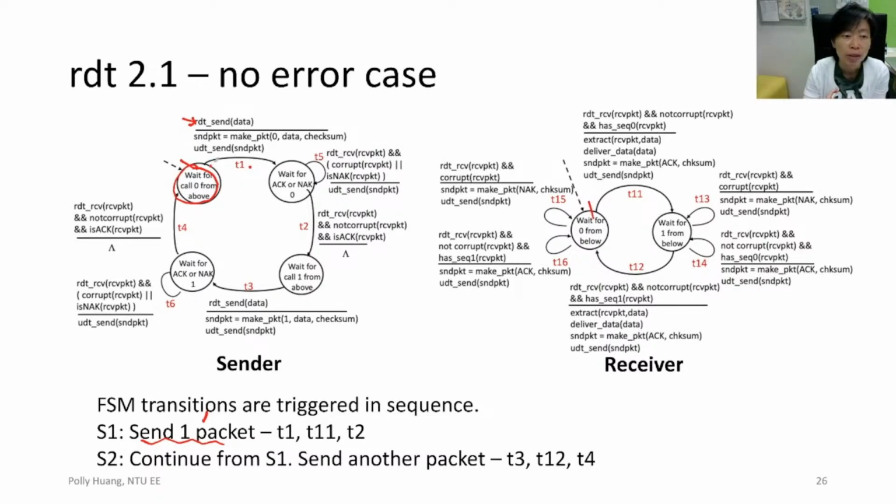So obviously, the first transition we'll be taking is at the sender side, and it's T1. It matches this event here, and it's going to complete all the actions listed here, which is to generate data packet 0 and send it out. At this point, the sender enters the wait for ACK or NAK 0 state.